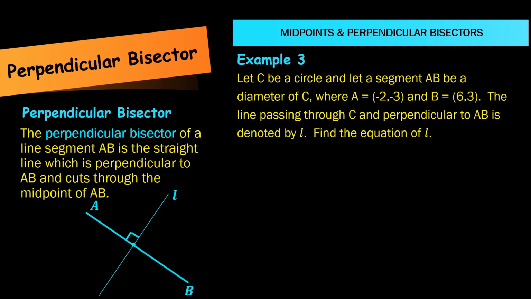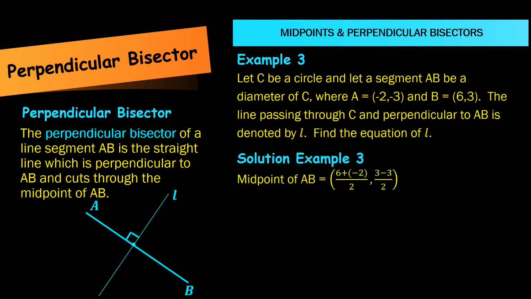So let C be a circle and let a segment AB be a diameter of C, where A equals (-2, -3) and B equals (6, 3). The line passing through C and perpendicular to AB is denoted by L. Find the equation of L. So let's solve this.